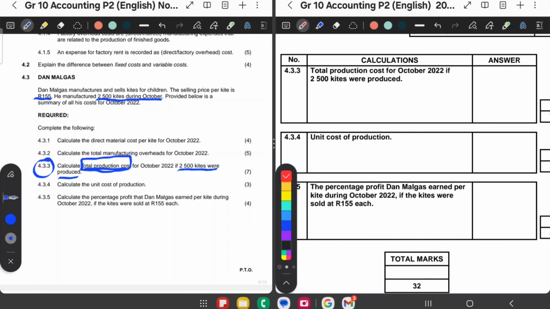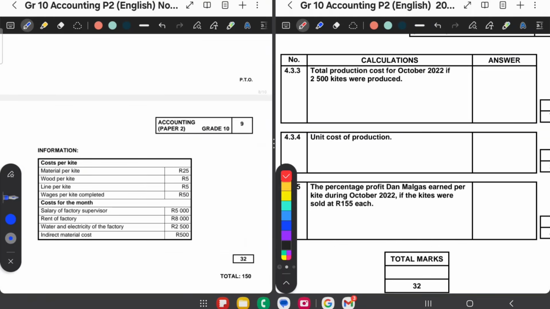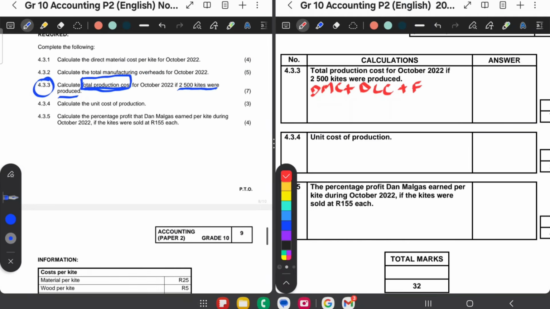So total production cost is equal to total direct material cost, plus total direct labor cost, plus our factory overhead cost. So plus our manufacturing overhead cost. Okay, so totals of these.